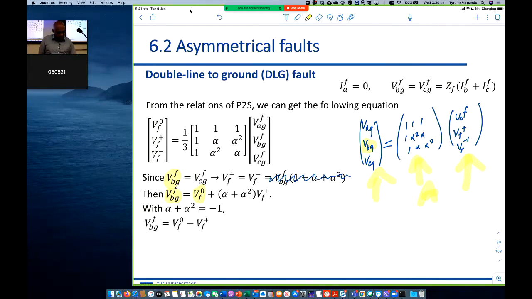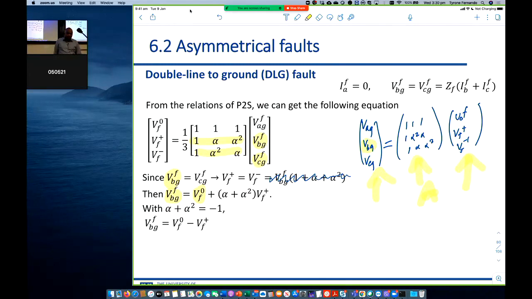Why are the positive sequence voltage and the negative sequence voltage the same? Because this term and this term are the same, right? So if those two terms are the same, this row multiplied by that vector, or this row multiplied by that vector, is the same. Yeah?